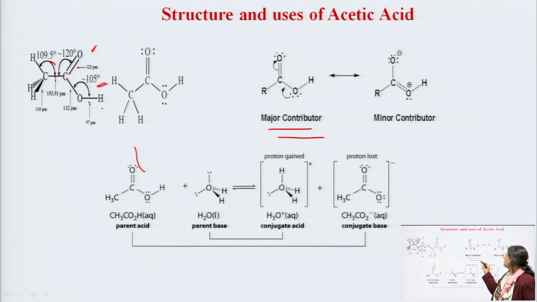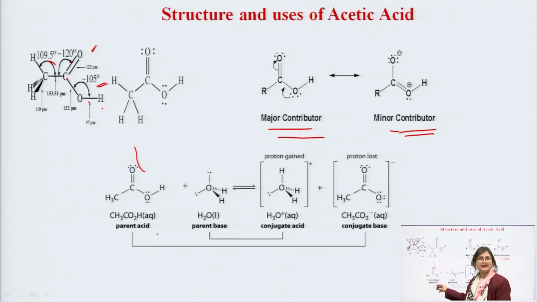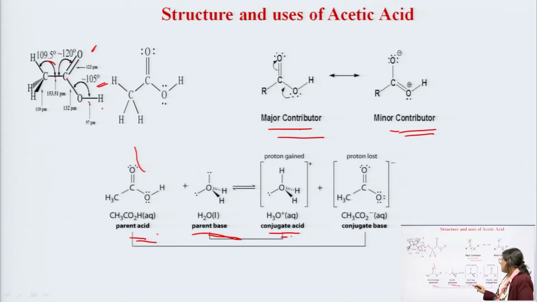Next, these are the major contributors for the reaction of acetic acid. These are the minor contributors. Here we can see the parent acid, acetic acid, and the parent base, the water molecule. When acetic acid is placed in an aqueous solution, the conjugate acid H3O+ is formed and the conjugate base CH3COO- gets produced.